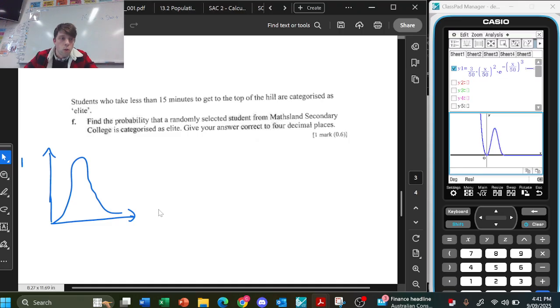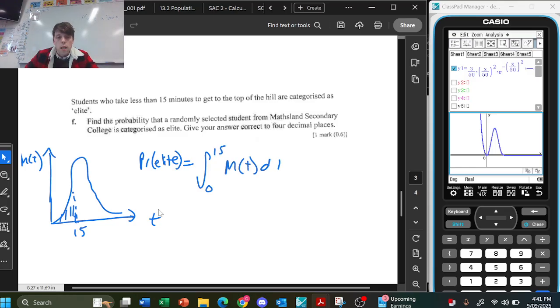It's kind of this sort of shape between those two values. So this is m(t), and over here we have t, and we want to find the probability that the time they take is less than or equal to 15. So the probability that a randomly selected student is elite is equal to the integral from 0 to 15 of the function m(t), integrated with respect to time.